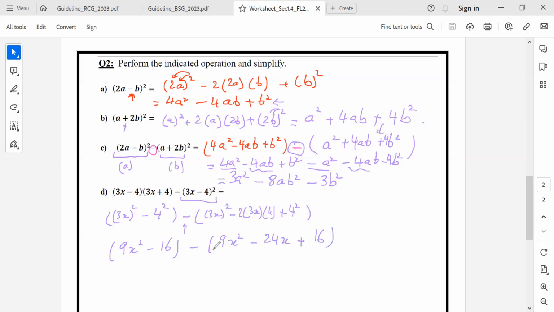Once it's simplified, we can now remove the parentheses without any risk. We are good. Minus تصير هذه plus وتصير هذه minus because we have minus أمام الأقواس. Okay, and finally we simplify, and the final result هذه تروح 24x هذه وهذه minus 32.